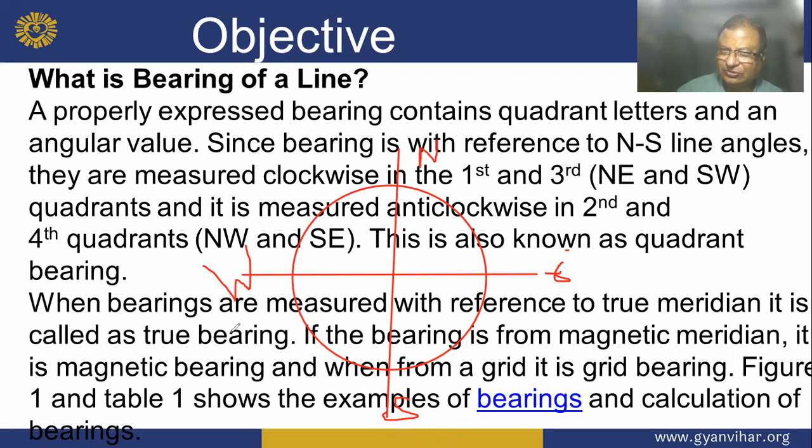This is SW. And what is this? This is NW. Then you see we have indicated that it is always connected with north or south.